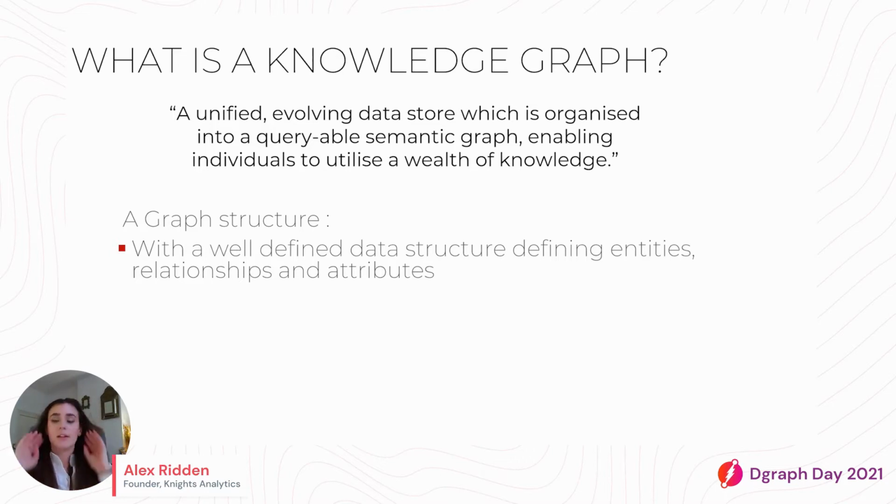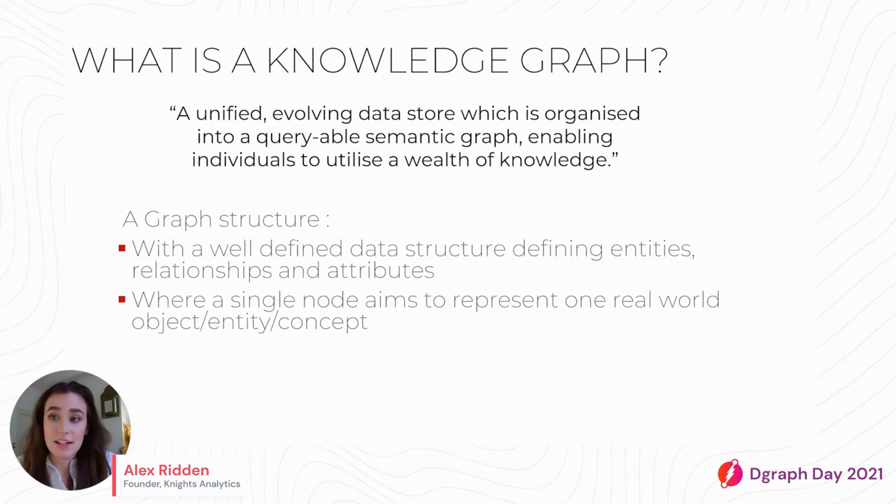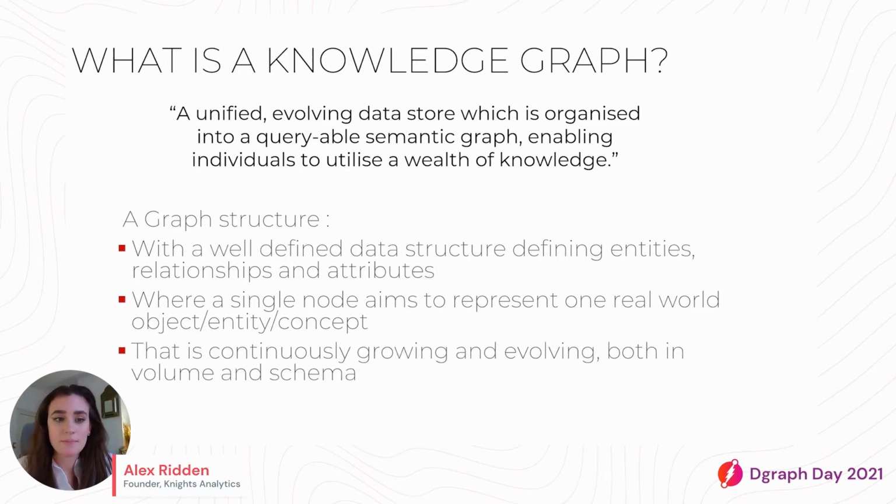And then the next thing would be that a single node aims to represent one real world entity, object, concept. Obviously, that's not always achieved, but we'll talk about how you can achieve that. And then finally, that your graph is continuously growing and evolving, both in terms of how much data it can ingest, its volume, and the schema.